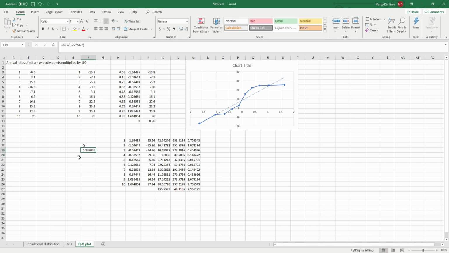And we get 0.95. So this is our correlation coefficient. And then we can test the hypothesis of normality at some significance level alpha, it does not matter, depending on the table.